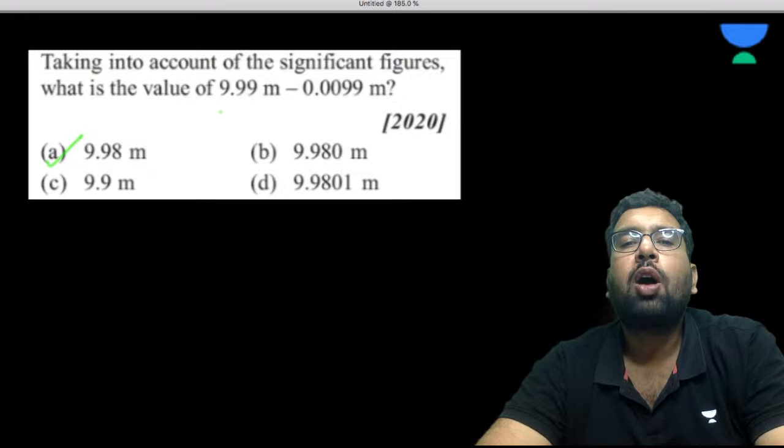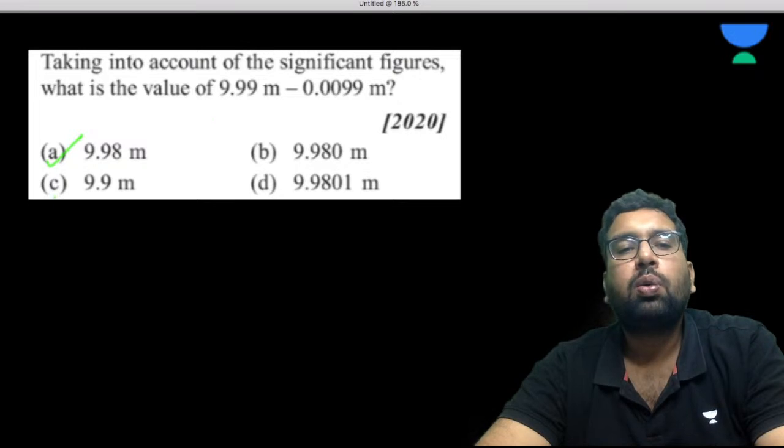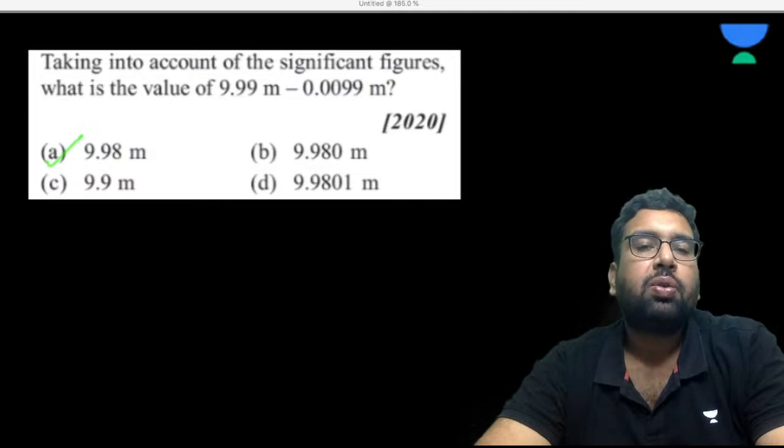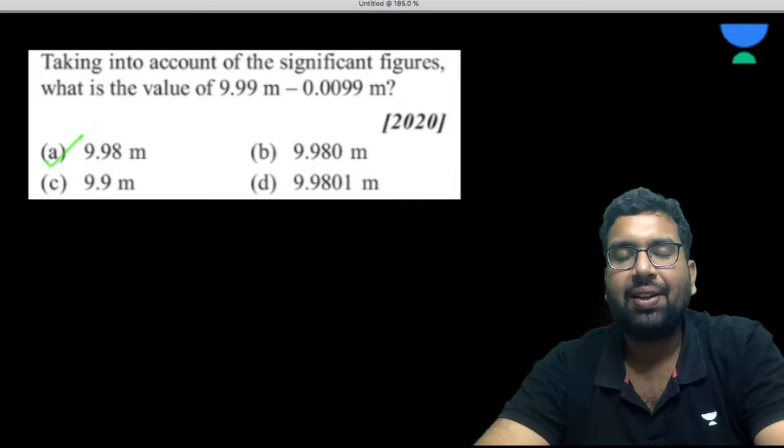So in this, how many decimal places are there? What is the least decimal place value? It is two decimal places. You need not make any calculation, seeing the options, because in only one option do we have the solution with two decimal places. I hope it is fine to you, right?